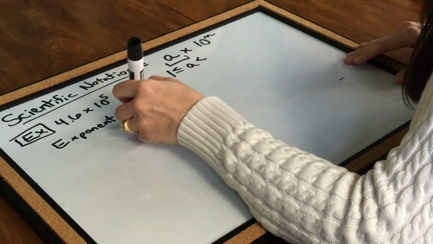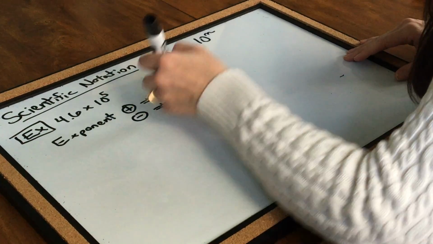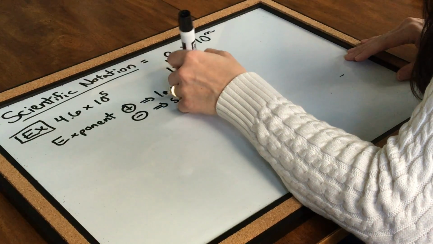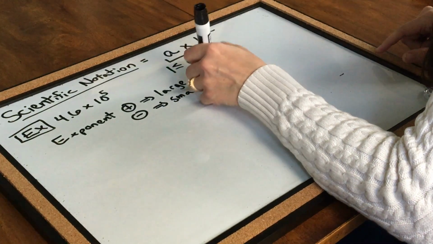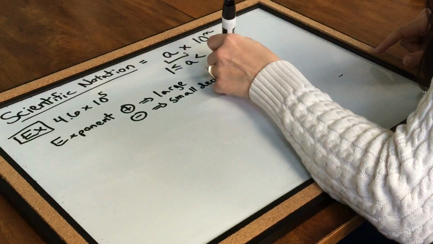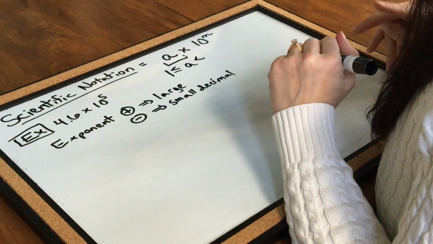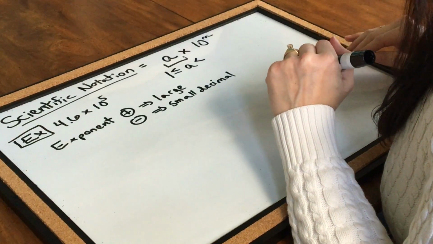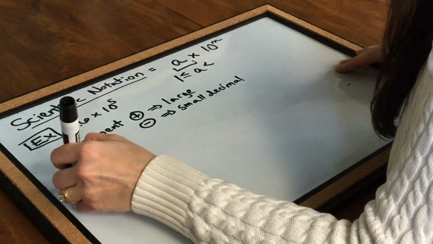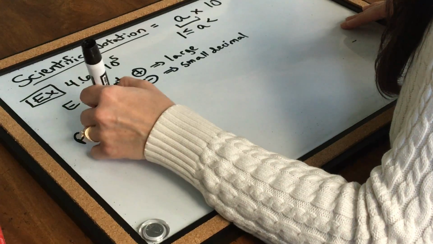When our exponent is negative, that means we're looking at a very small number, a little itty bitty decimal, okay? So that helps you know how to move the decimal point in terms of scientific notation.